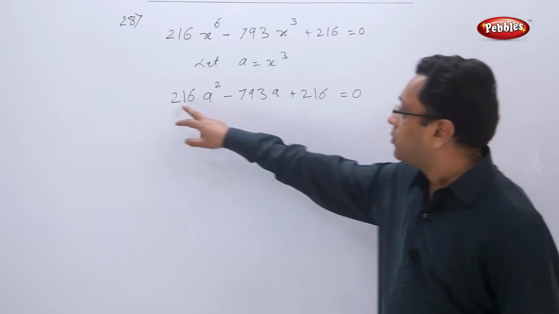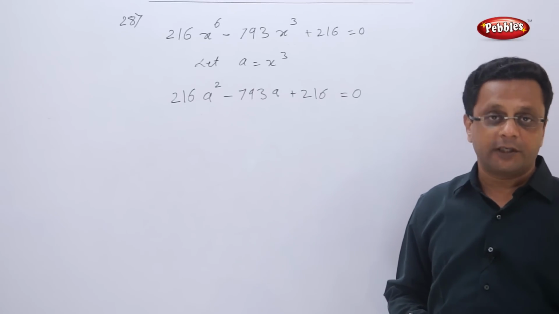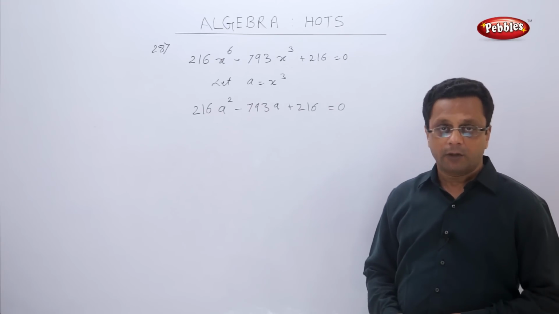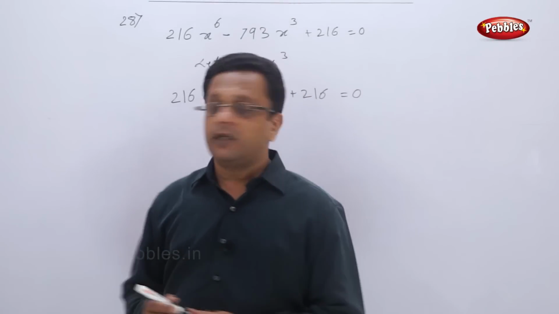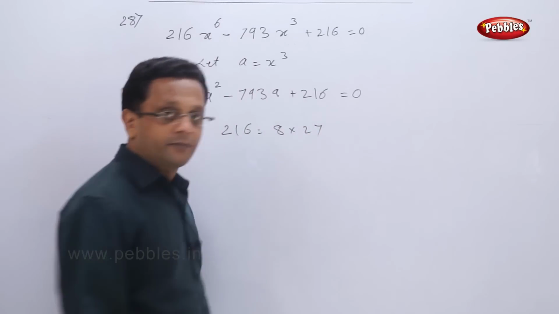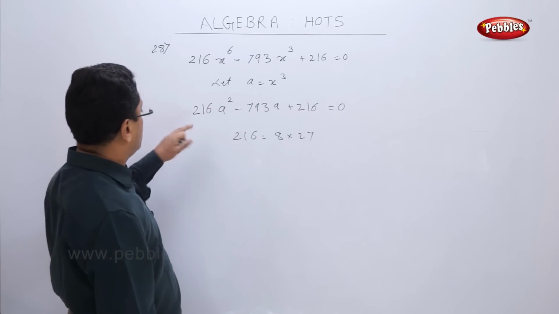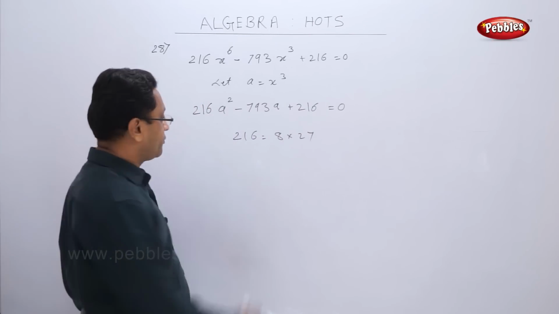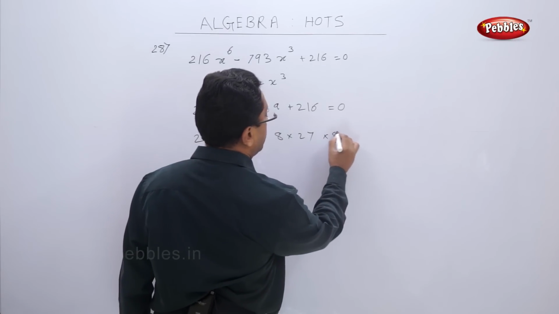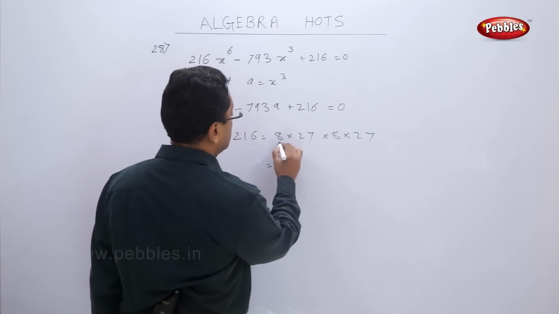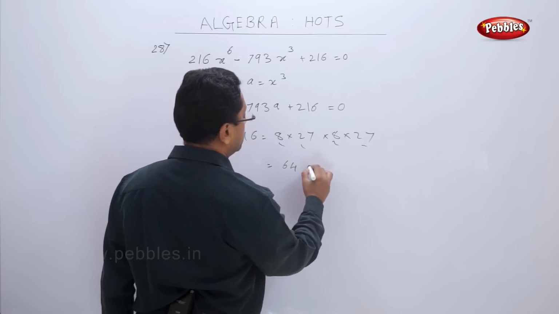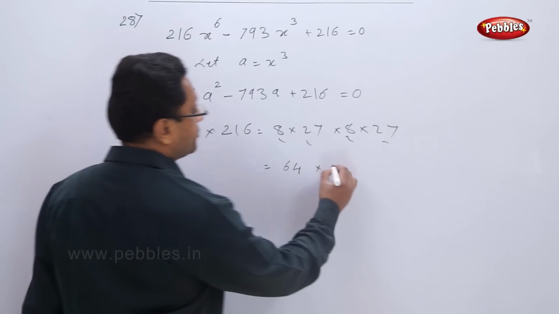First of all, you have to multiply 216 into 216. Very long calculation. But let us do some smart work. Okay? 216 is 8 into 27. So 216 into 216 is again 8 into 27, that is equal to 8 square and 27 square, that is 64, and the square of 27 is 729.